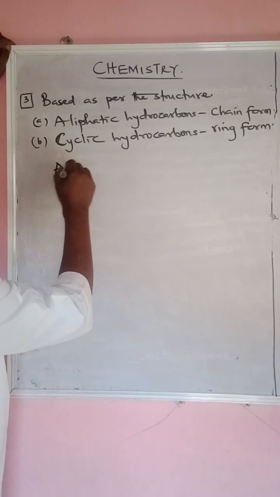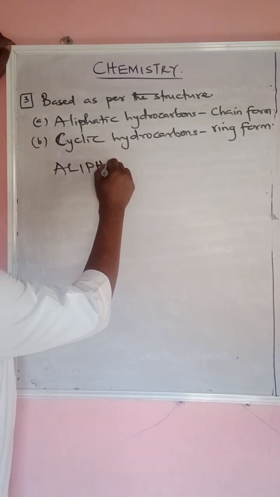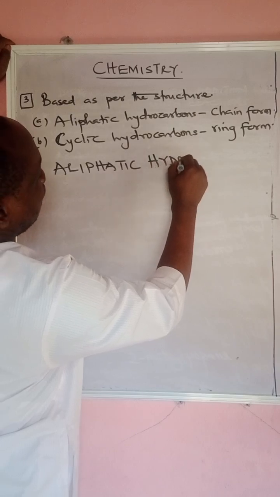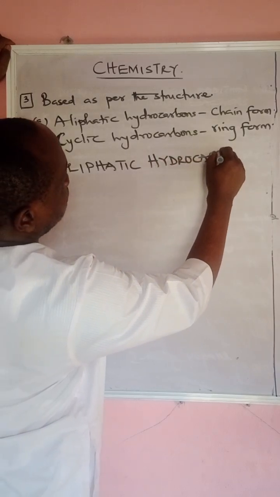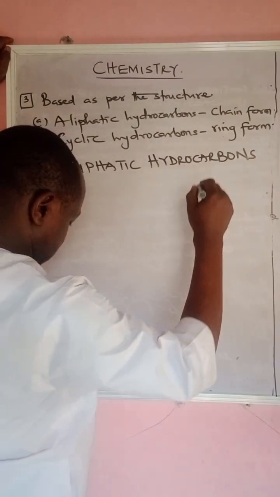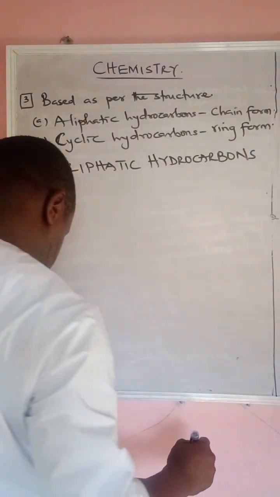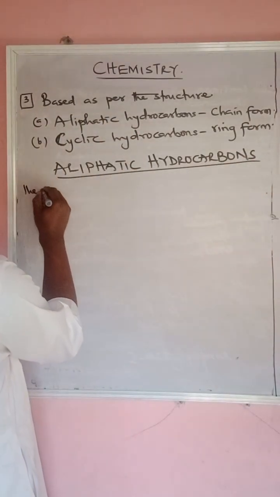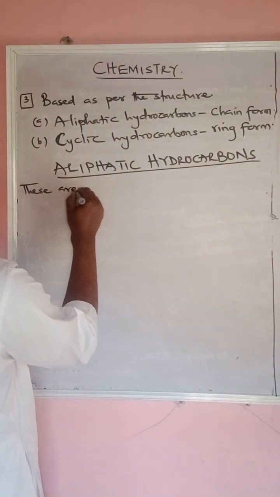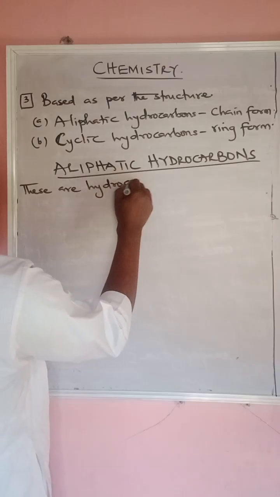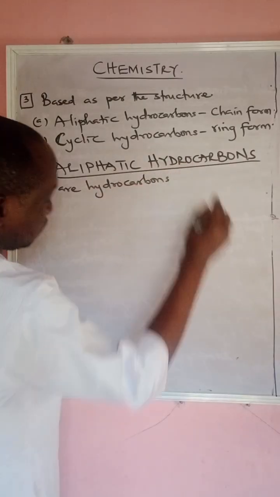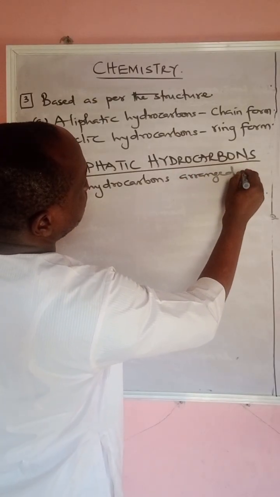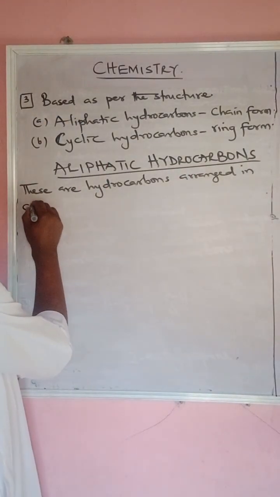So let's take it one by one. We want to see aliphatic hydrocarbons. These are hydrocarbons arranged in chain form.